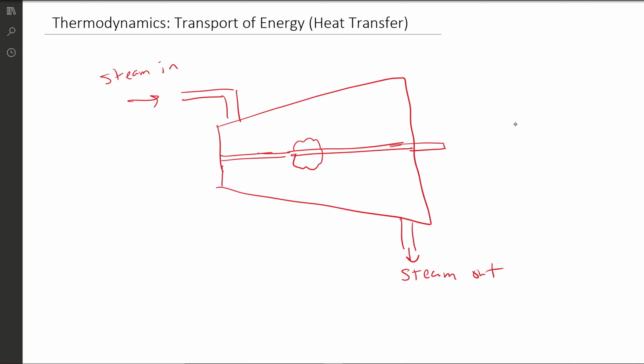All right, steam out. So the steam going in, as shown in this figure right here, can push on the turbine blades. Here are the turbine blades. It can push on the turbine blades, causing the turbine's rotor to spin.